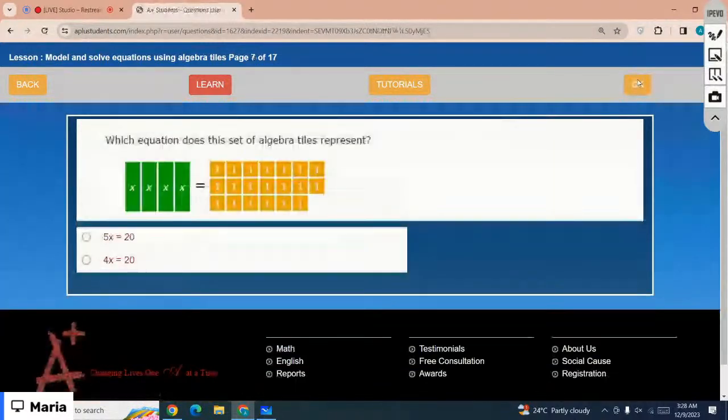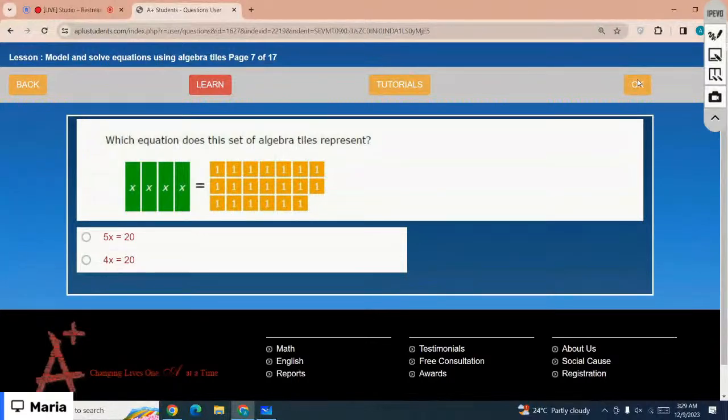Which equation does this set of algebra tile represent? Which is the correct option? Very good.